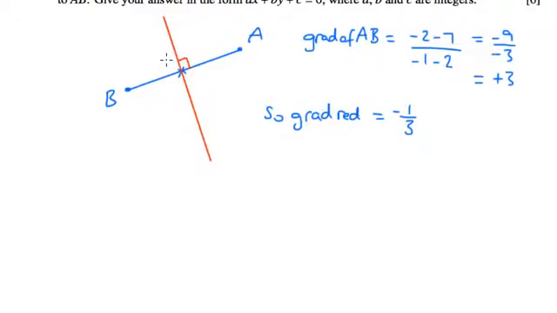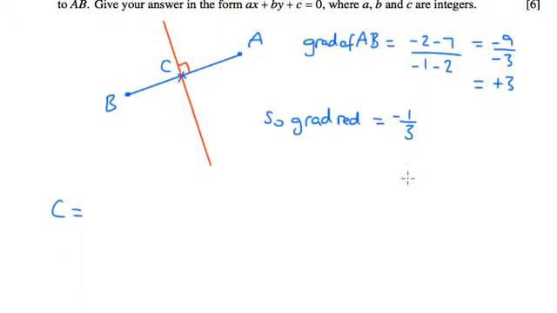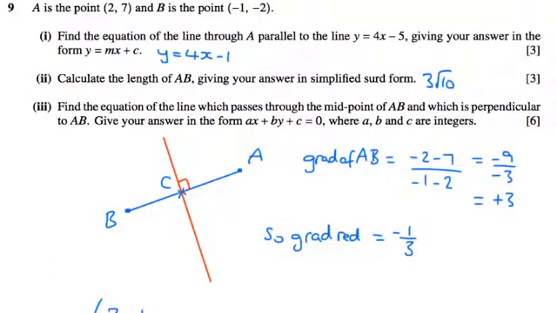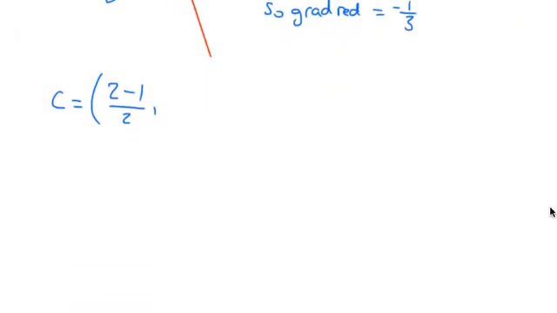So if I call this point C, C is going to be 2 minus 1 over 2 and 7 minus 2 over 2, which is a half and 5 halves. Notice I'm keeping them as top-heavy fractions. It's much easier to work in top-heavy fractions.